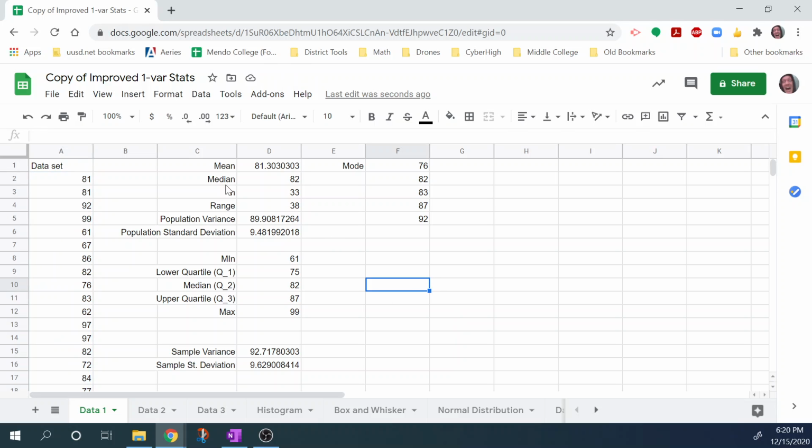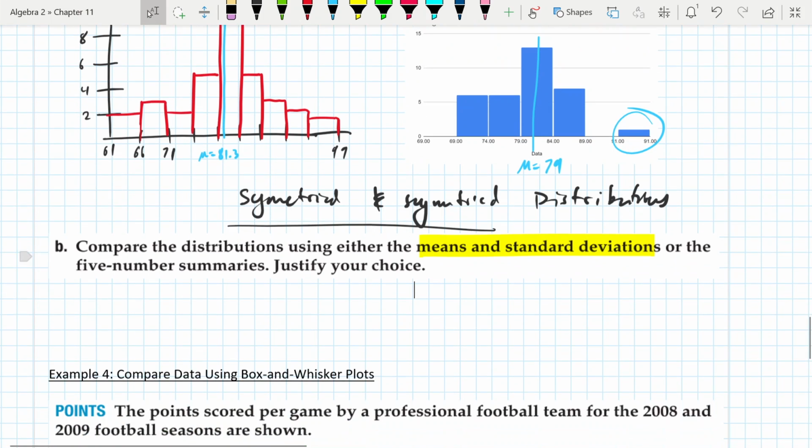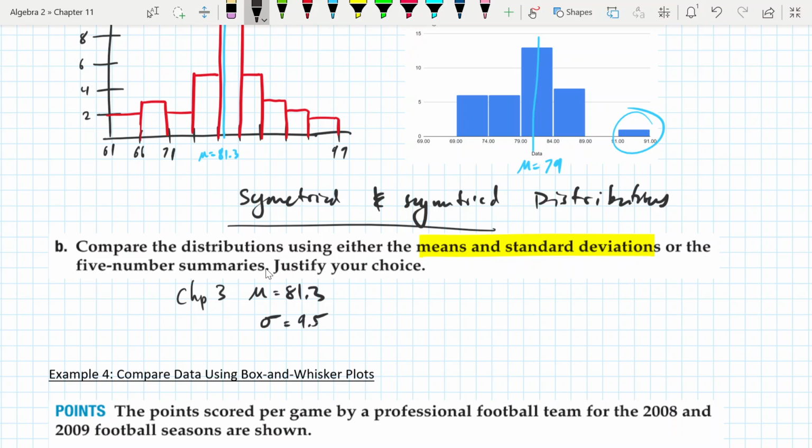So mean, and we'll use the population standard deviation. Mean is 81 and standard deviation is 10, or like 9.5. So chapter 3, mean of 81.3, standard deviation of 9.5.